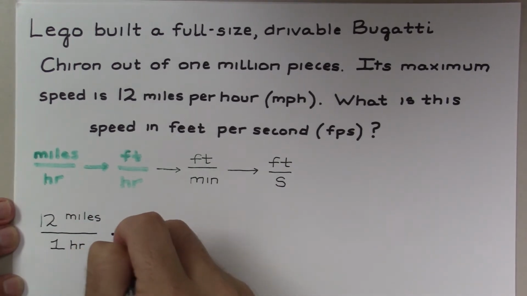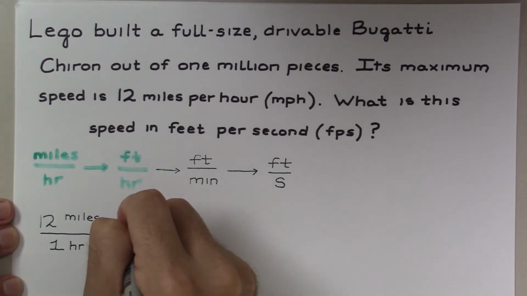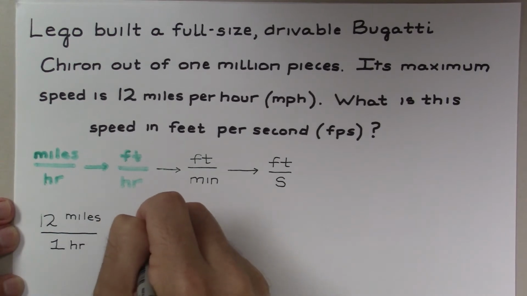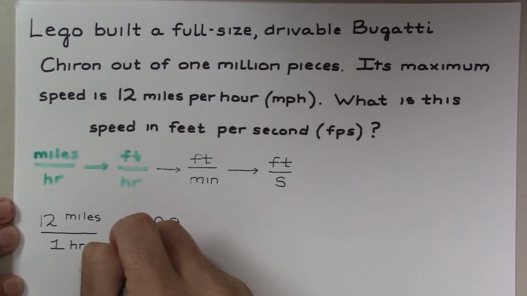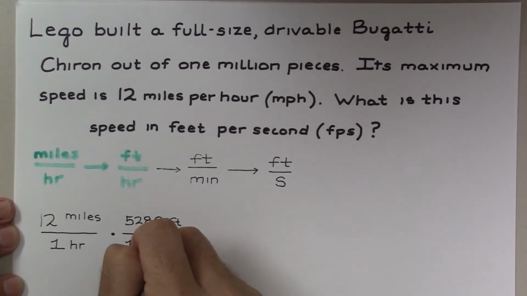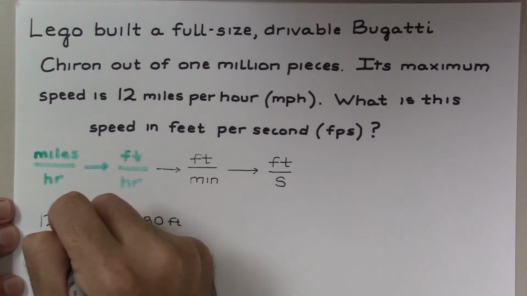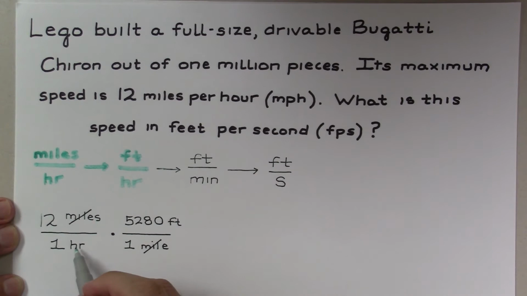The unit conversion from miles to feet is 5,280 feet in 1 mile. We will now cancel out our miles, and we have feet per hour.